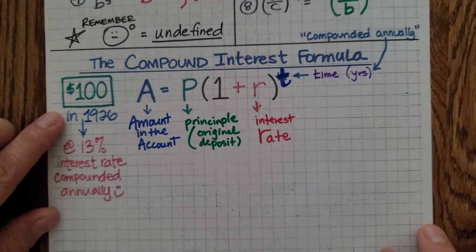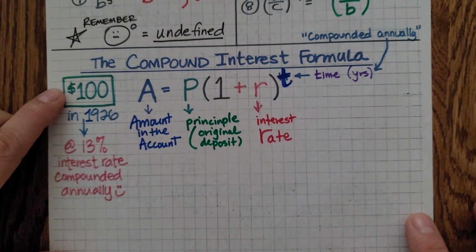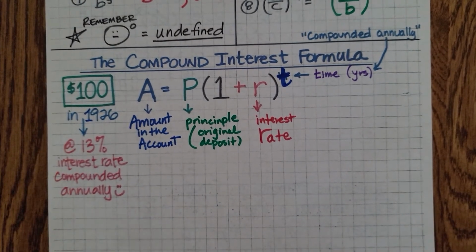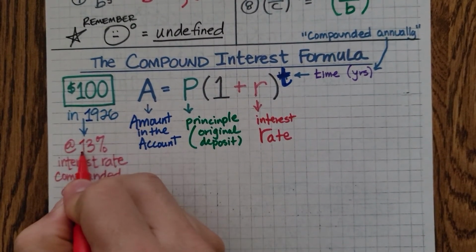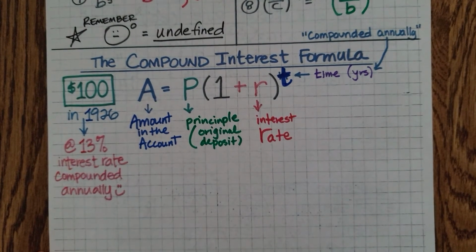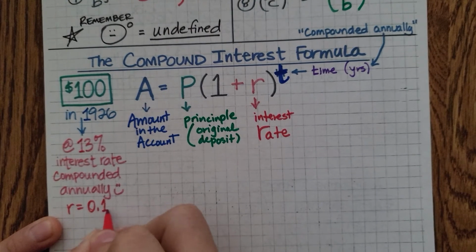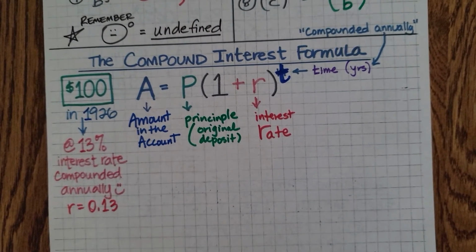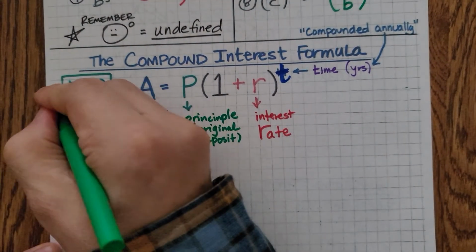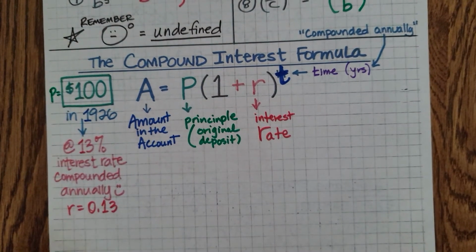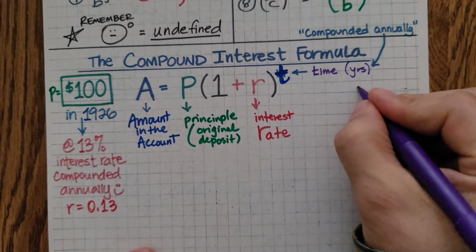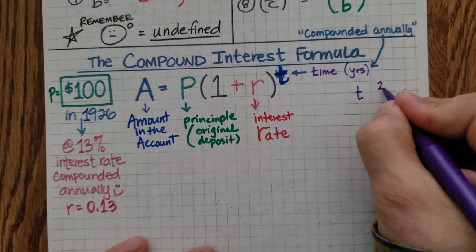So in 1926, they put $100 into an account that was earning 13% interest that was compounded annually. So here our interest rate is 0.13. Our principal is $100. And our time is going to be calculated by saying, what is this year?